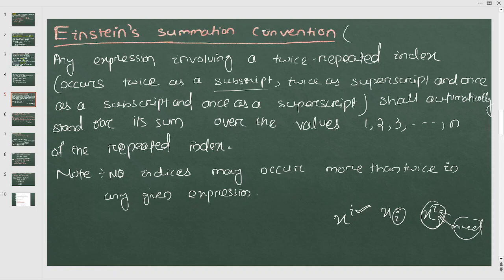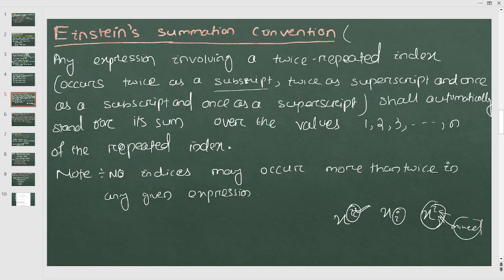If the index i is repeated twice, it shall automatically stand for the sum over the values 1, 2, 3 till n of the repeated index.